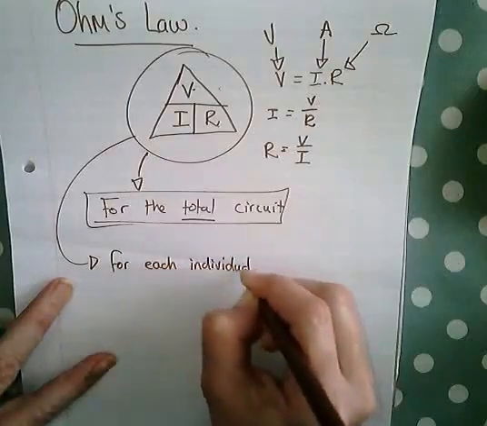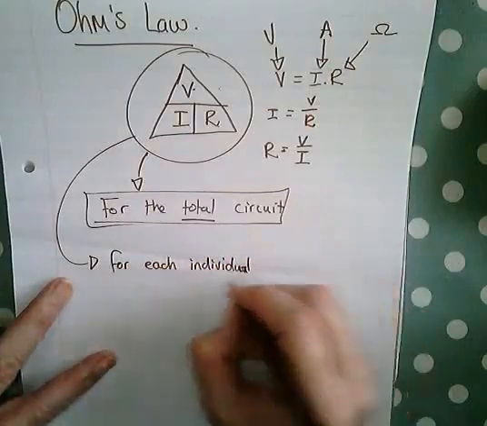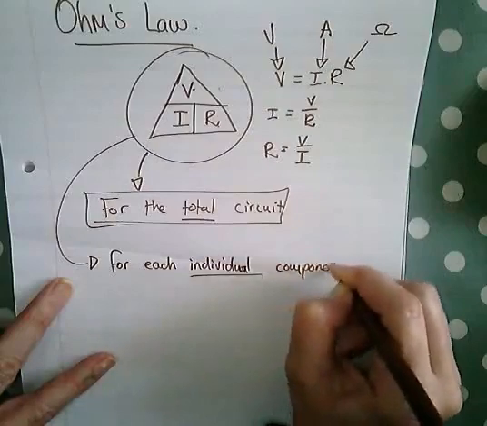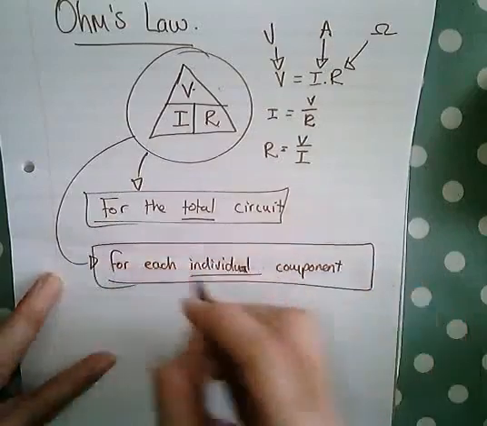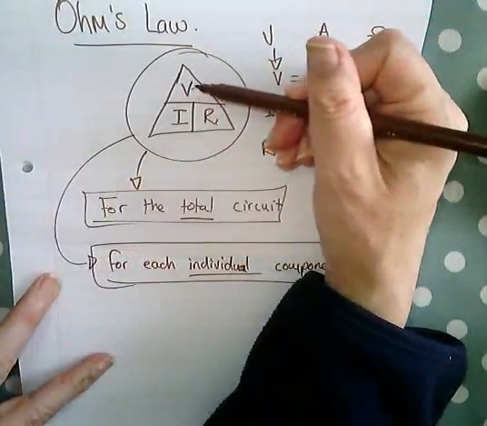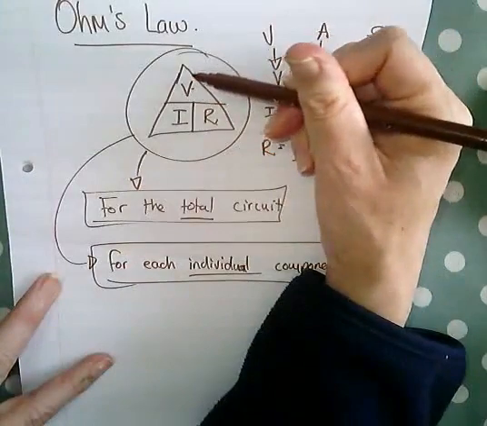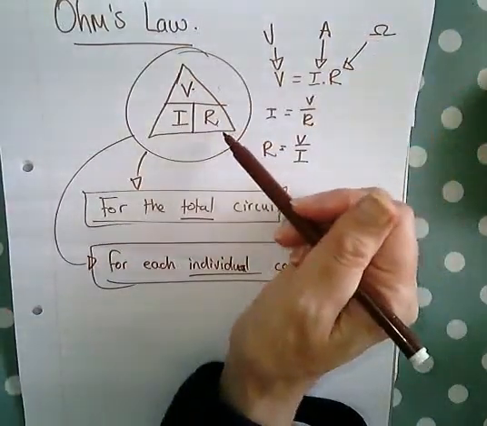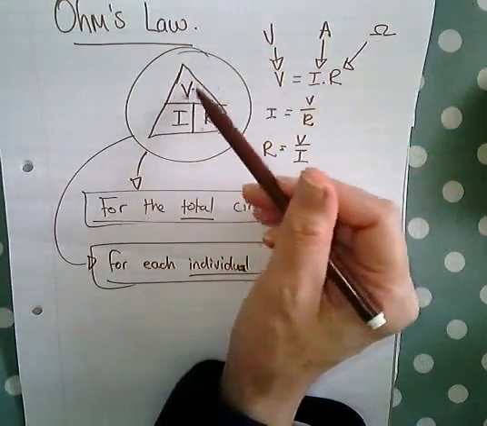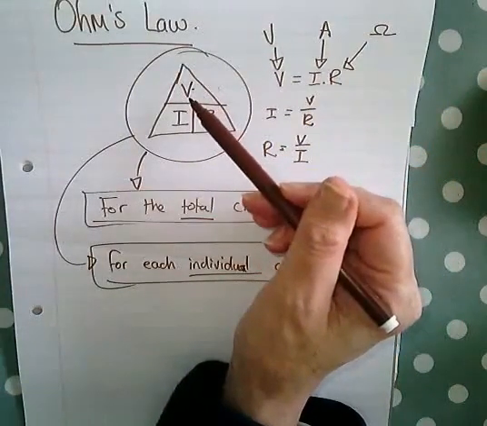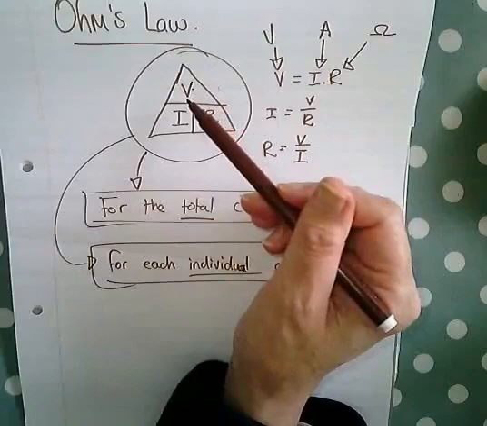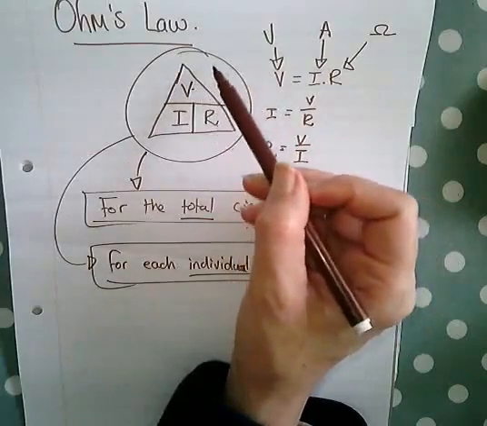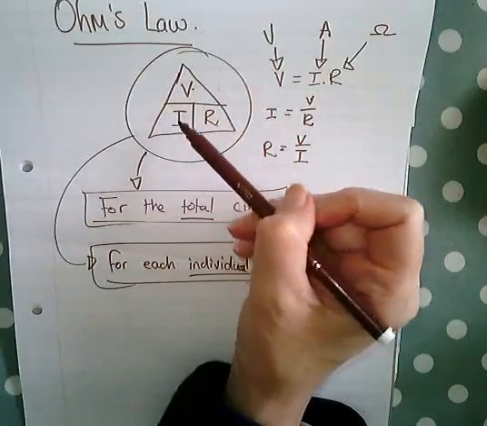So if you need to calculate the potential difference of the battery, then the total potential difference is equal to the total current multiplied by the total resistance. If you need to find the potential difference across component number 1, then the potential difference across component 1 is equal to the current through component 1 multiplied by the resistance of component 1.